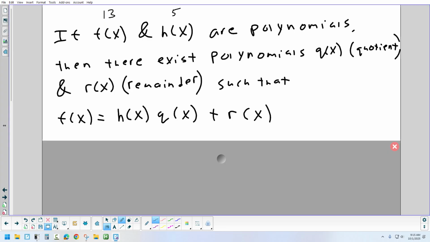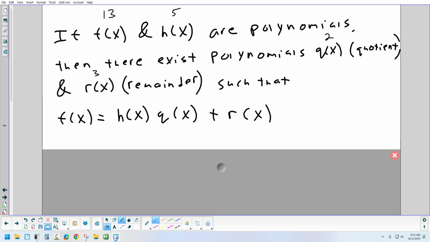If you start with those two numbers, then there will be a quotient, if you figure it out correctly, and a remainder, that satisfy this equation. Let's check it. 13 equals 5 times your quotient plus your remainder. Is that true?